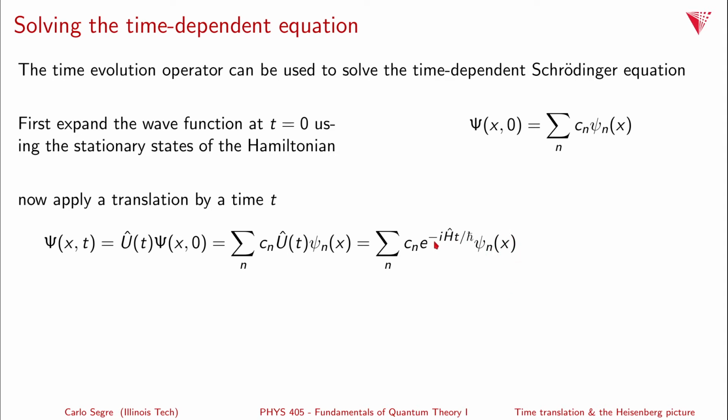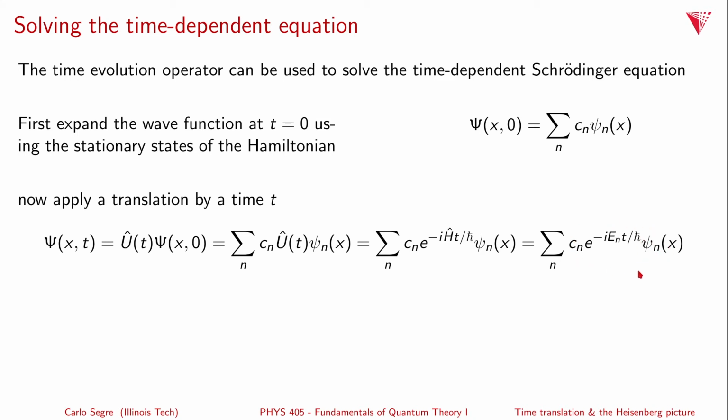But when you apply the Hamiltonian to psi sub n, you get the wave function back again, because it's an eigenfunction of the Hamiltonian, with eigenvalue E sub n. So this merely becomes the sum over n of c sub n e to the minus i E sub n t over h bar times psi sub n of x.